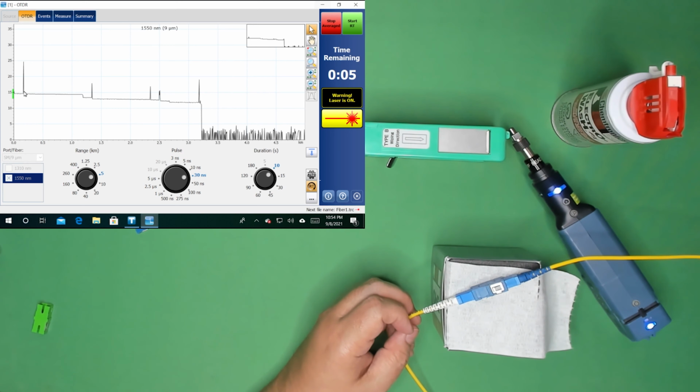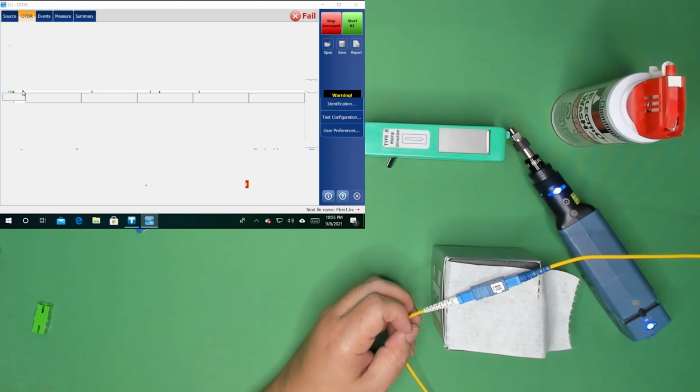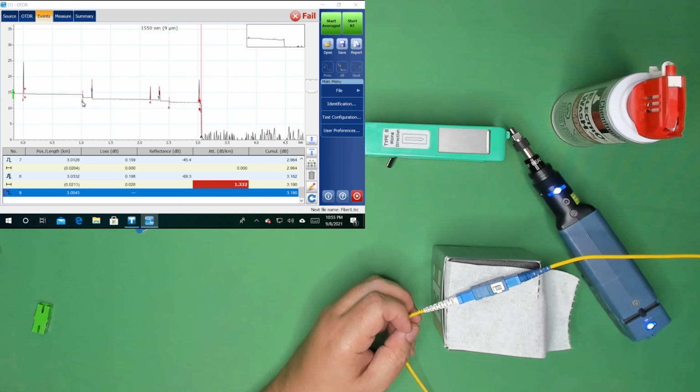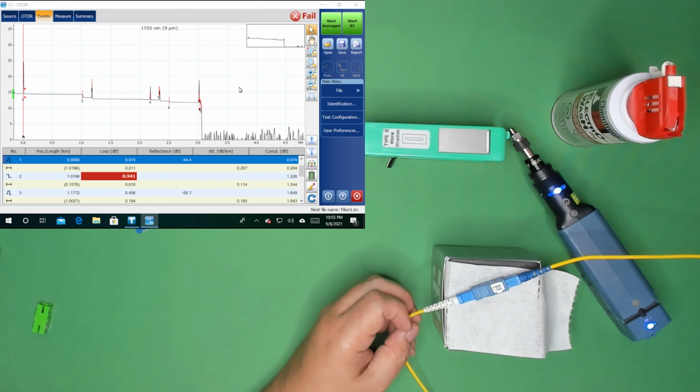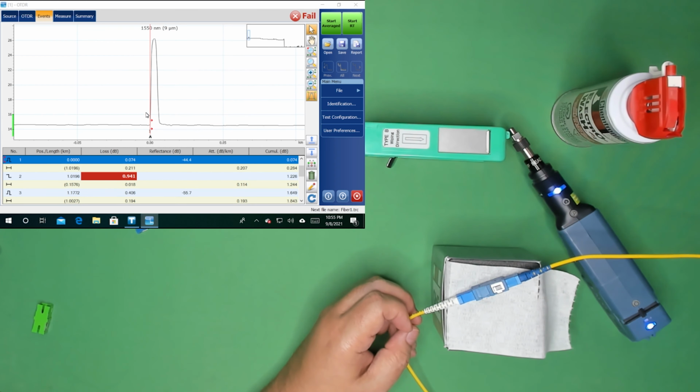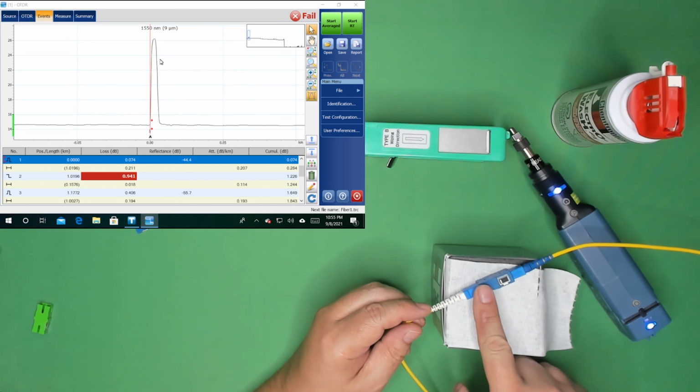And this right here is the connector that we're looking for. So you see that tall spike here? On an OTDR, these tall spikes are basically reflections. So anywhere we see a tall spike, that's reflection. So this is distance, this is power. So as we're seeing attenuation going across, we see that. So if I were to click on this event and zoom into it, this is my connector. That's this connector right here.